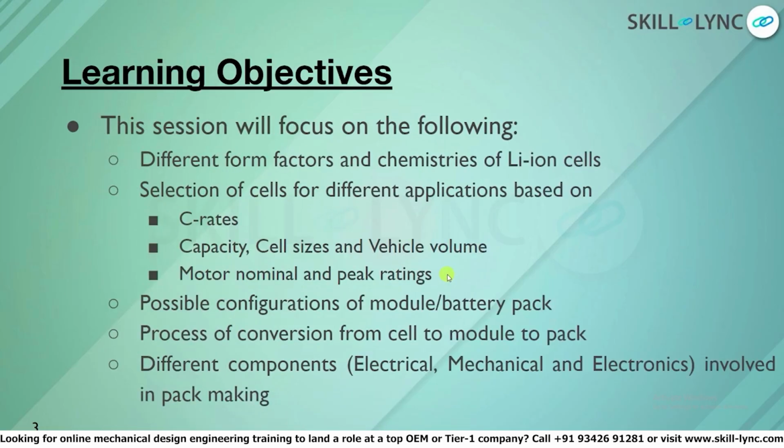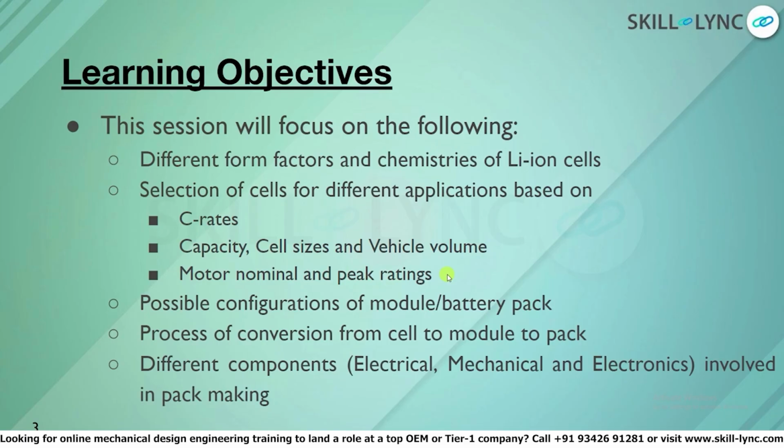Now when we go to the learning objectives, as we saw in the previous slide, these would be the objectives of this session for this week, which is mostly where we'll understand what are the operating voltages of lithium-ion cells, what are the different form factors, different sizes, different shapes of lithium-ion cells, and also what is the right cell selection for the application, which is basically based on the C rates.